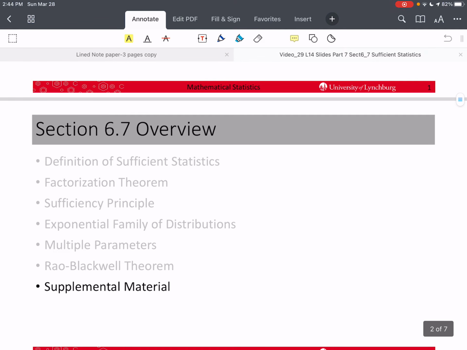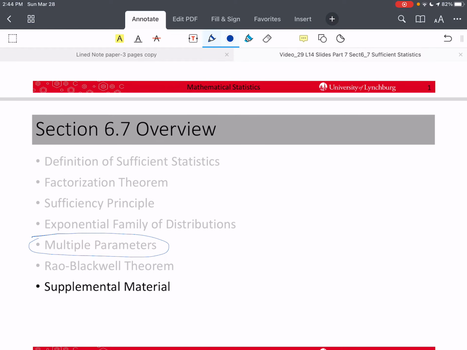So last time we extended sufficient statistics to multiple parameters, and then we went over the very famous and important Rao-Blackwell theorem and did an example. In that example, we showed that Z equals n minus 1 times S squared is independent of Y equals X bar when X sub i has a normal distribution with mean mu and variance sigma squared.